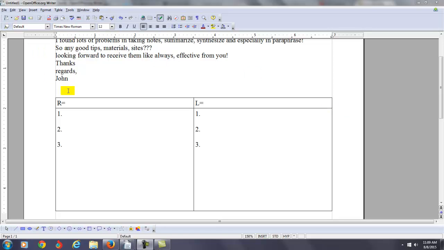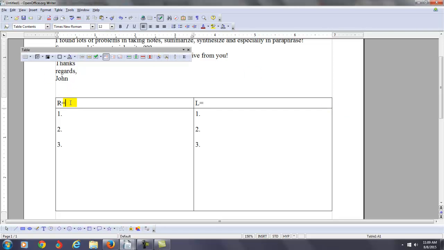Yeah, so here, let me just give you an example of how you can take notes during the integrated writing in a way that will make it easier for you to combine the information, ultimately summarize it and synthesize it, even paraphrase it. So let's say you read a reading passage talking about the dangers of nuclear energy.